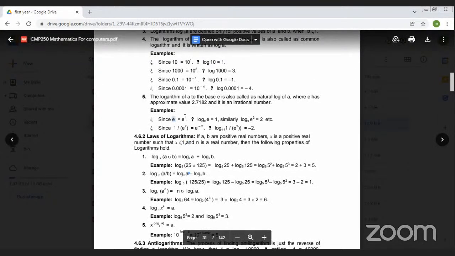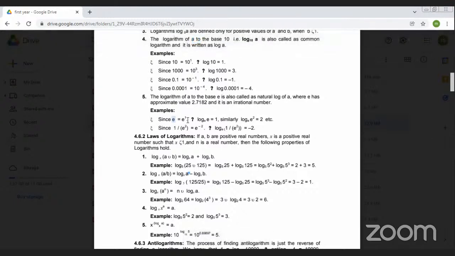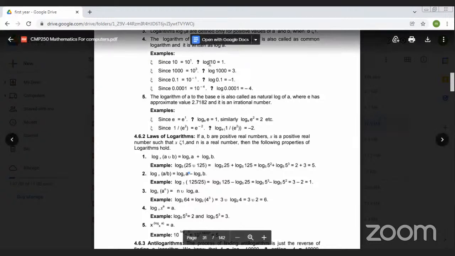Now see, these values are there in your logbook also. e equals e raised to 1. So your log e, see, here also you got the value of 1, correct? Originally, if I'm talking about common log, you don't need to write or specify that you have taken base as 10. But when we talk about natural log, you need to mention that you have taken your base as e, or else you can write it as ln.